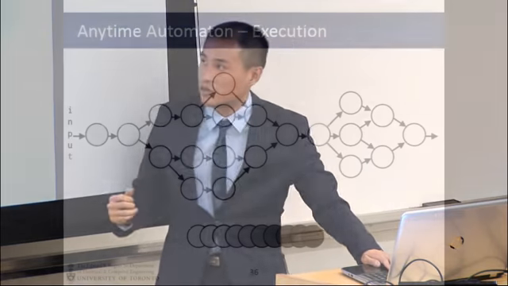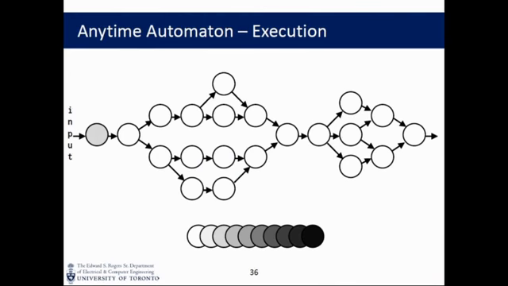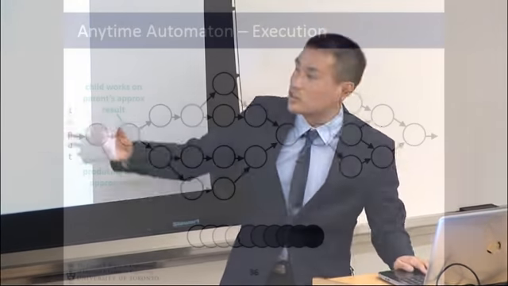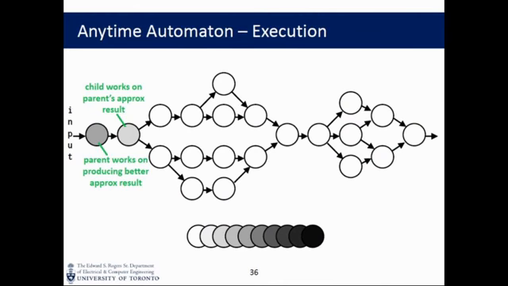So, for example, we have our input. In the beginning, our first node, before it computes the final result, can already compute some approximate result. And it could feed that to the child, and the child can now work on that parent's approximate result, while in the background, the parent can work on producing a better approximate result.